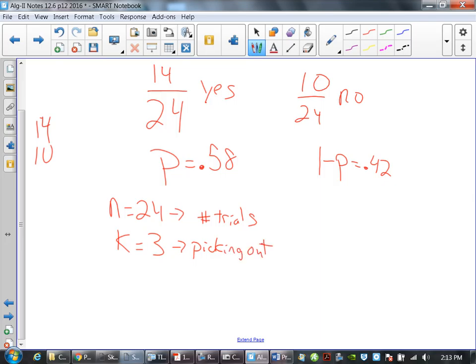I'm going to pick the 3 to have the success value of P, 0.58. And what we're doing here is a binomial distribution. What is the probability that 3 of the people that I randomly select believe in UFOs, knowing that out of the 24, 58% of the people believe in UFOs? What is the probability that I'm going to pick 3 that do? This is a binomial experiment.